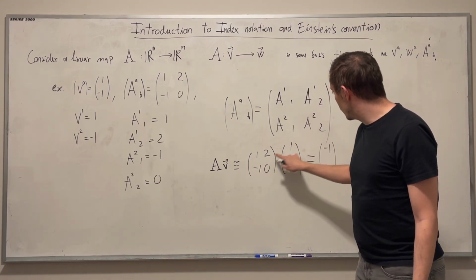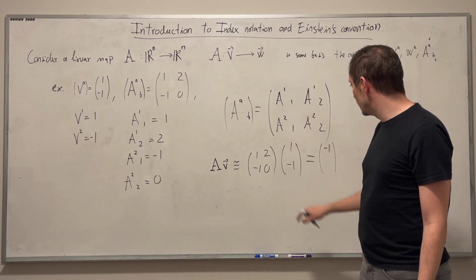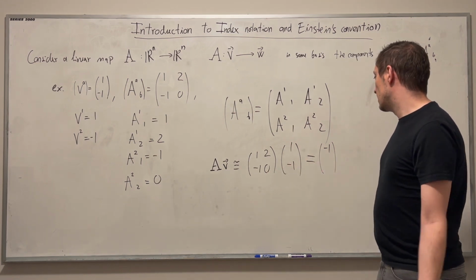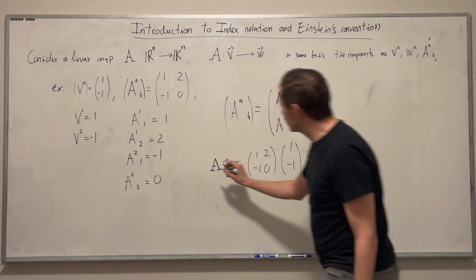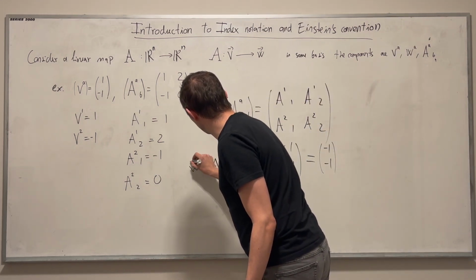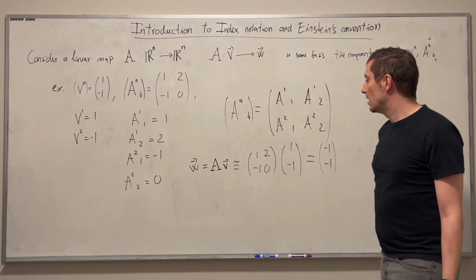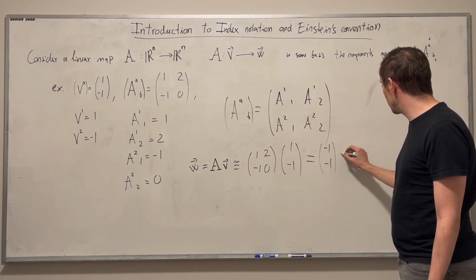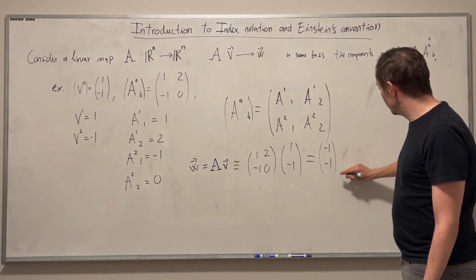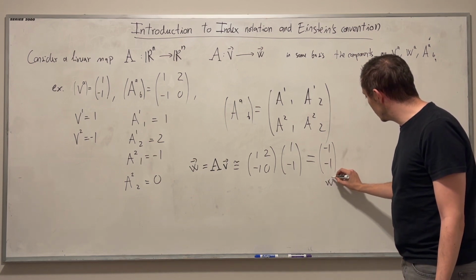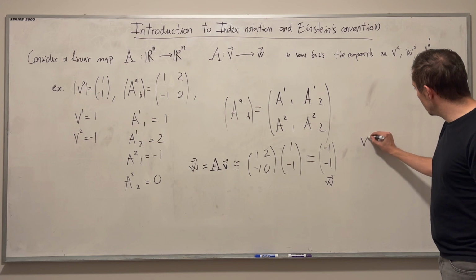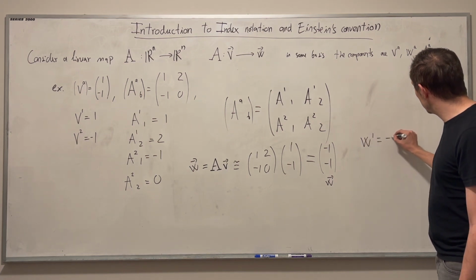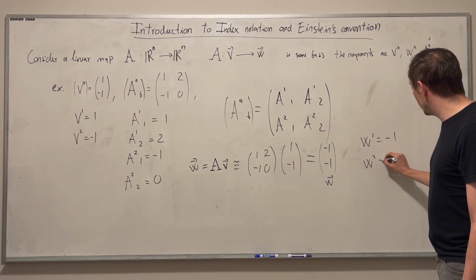And this is minus 1 times 1, it's minus 1, and 0 times minus 1, that is 0, so total of minus 1. So that would be the vector W. So if I call this guy W, in consistence with this, right, W is represented by this vector. This represents the vector W in that basis, okay? So looking at that, we know that W1 would be minus 1, and W2 would also be minus 1.